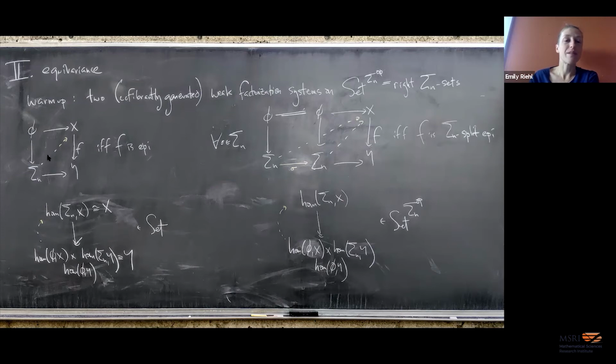So what does it mean to say that there's a lifting property? I can consider the set, a Hom set in the category we're working in, right Sigma n sets, of maps from here to here. These are the set of diagonal maps. And then there's a function from that set to the set of commutative squares, which decomposes as this pullback here.